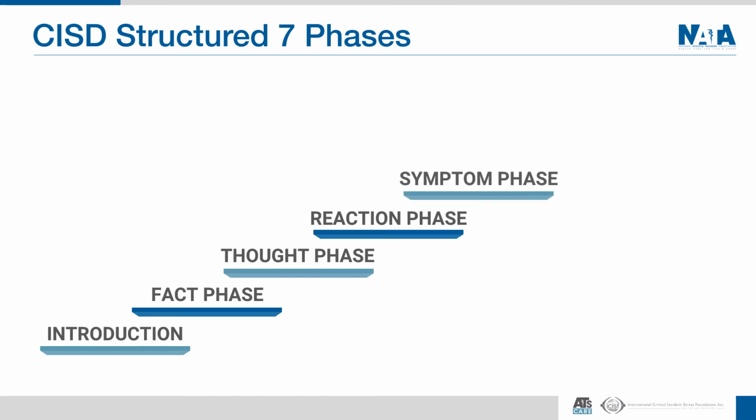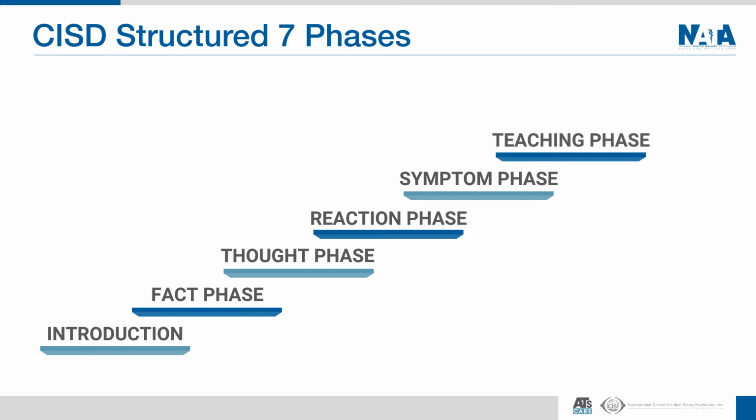having. It's followed by a symptom phase where the team begins to discuss and present what are the symptoms, what are the normal things that occur to people who are having these kinds of reactions and who are exposed to these types of events.